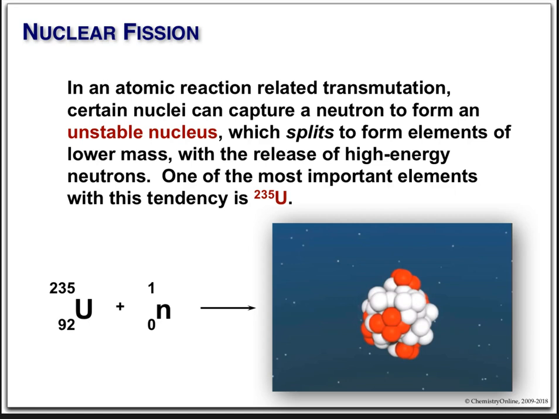Let's watch it happen. Here comes our neutron. Now you'll note the neutron has no protons, so its atomic number down here is 0. But it has a mass number of 1 because it has 1 neutron, doesn't it? So here it comes.